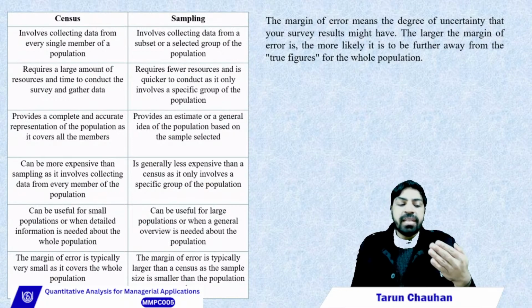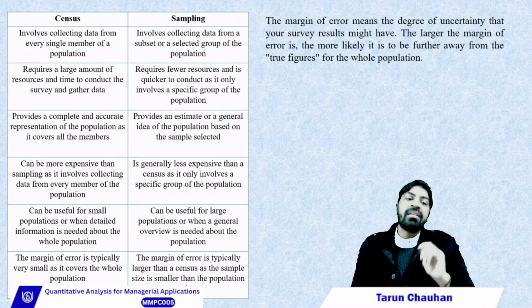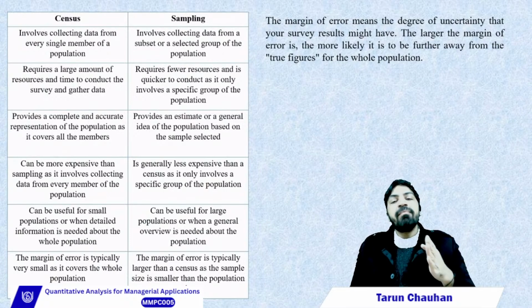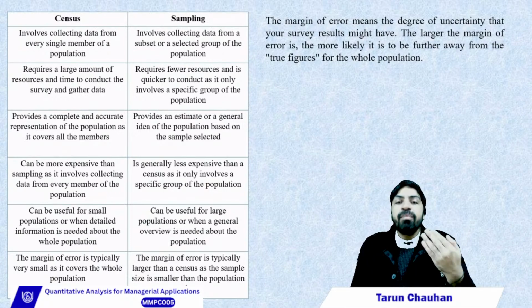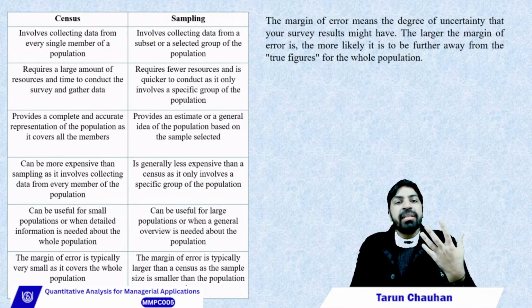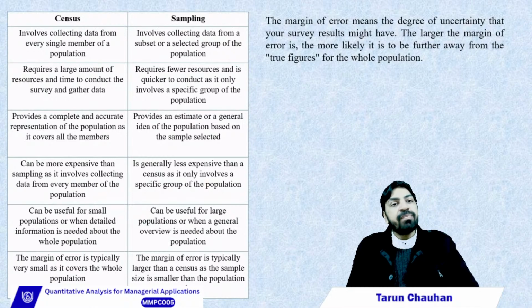In a census, the size of the population covered is large, as it includes each and every member of the population. So automatically the margin of error is higher when taking samples from the population, but the chance of errors is very small in the case of the census method.